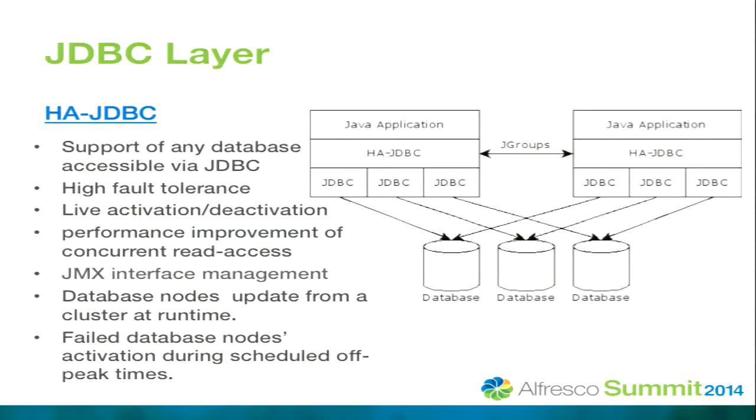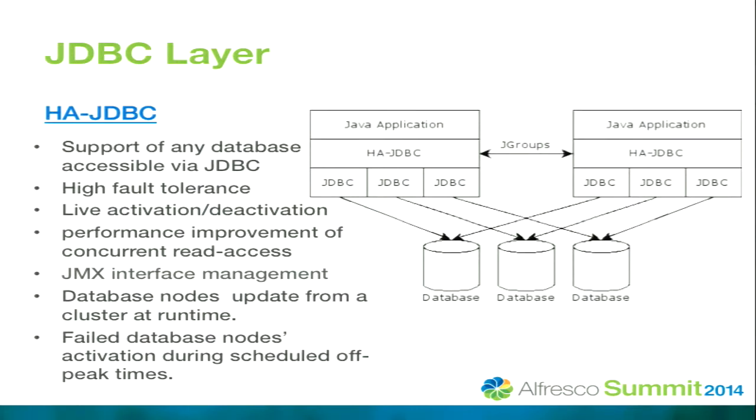So you have nothing to change in the application layer, just provide your cluster database IPs and configuration to the JDBC, and the JDBC will replicate your transactions in many databases at the same time. The JDBC supports out of the box any database accessible via JDBC, so MySQL, Postgres, Oracle, and all the stuff like this.